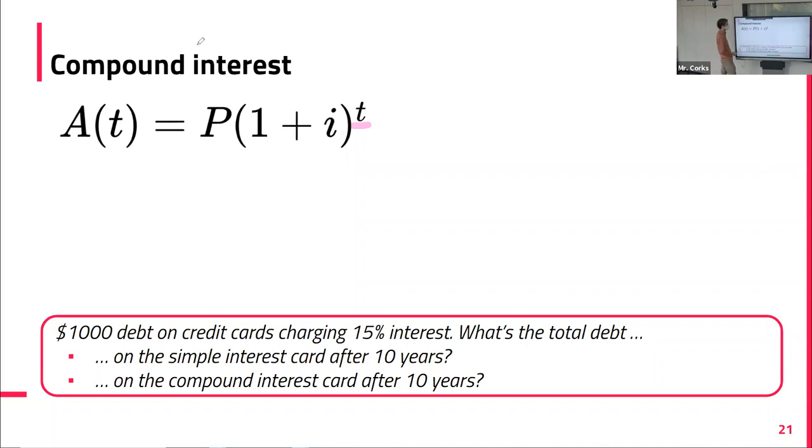Otherwise, same formula. So we'll calculate the value of that credit card debt on compound interest after 10 years. A10 is 1,000 times 1 plus 0.15. I'm just going to write 1.15 to the exponent 10.